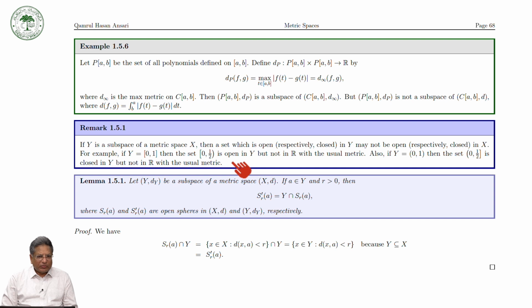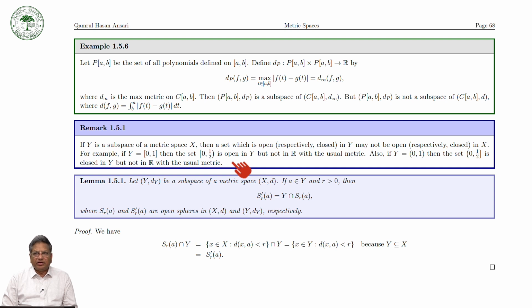So before going to see the openness and closedness of a set in a subspace and in the whole space, let us see the meaning of the open sphere or closed sphere in the subspace.